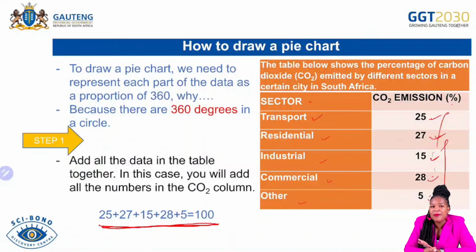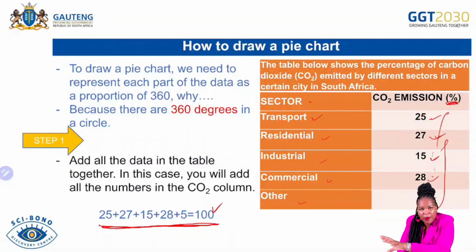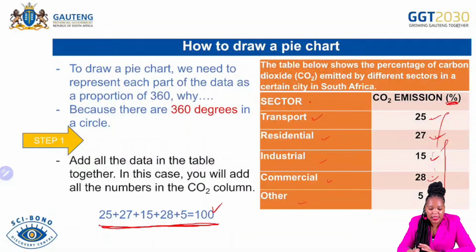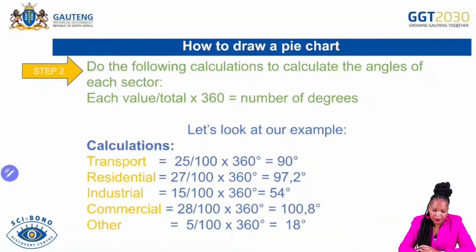So all your data must amount to 100%, or you can say 100, because this is in percentages. Now, once you've added them and you have your 100, you must keep in mind that the total of all the sectors is 100%. Now, how are you going to put the 20% of the 100% into a pie chart, or the 25%? Let's go to it then.